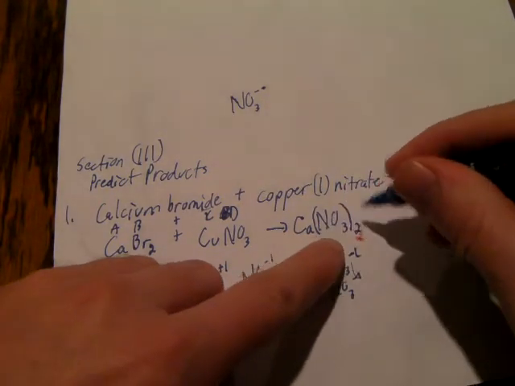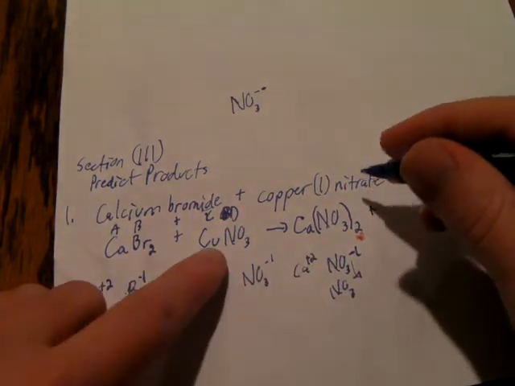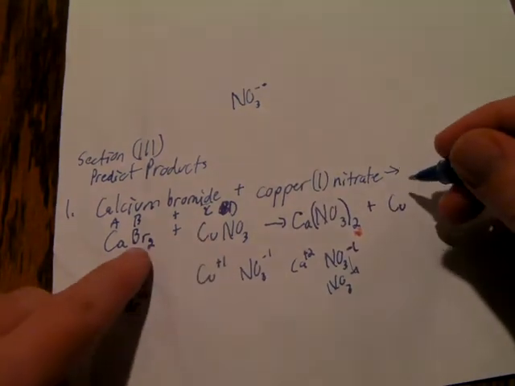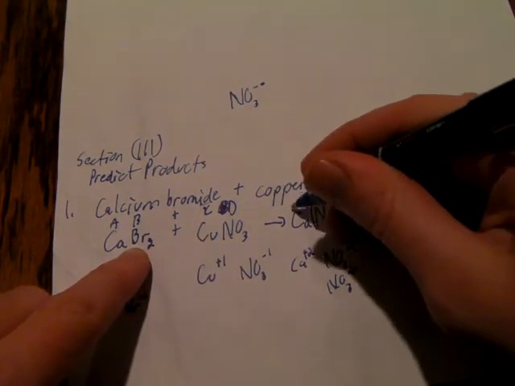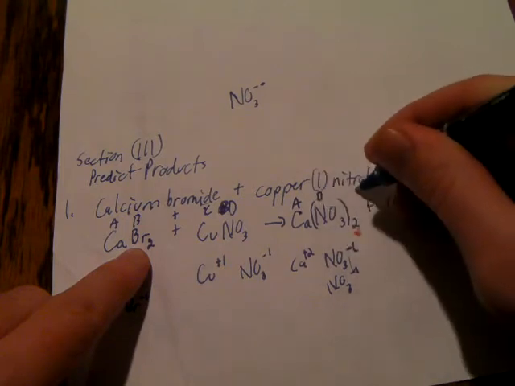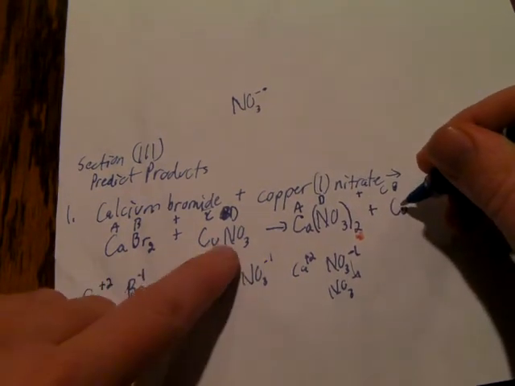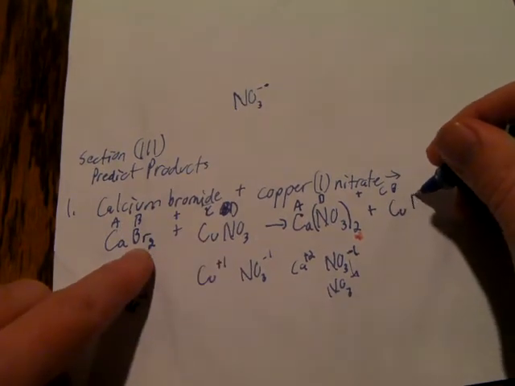So this is calcium nitrate plus copper, and they switch partners. So this is becoming AD plus CB. And C is copper, B is bromine.